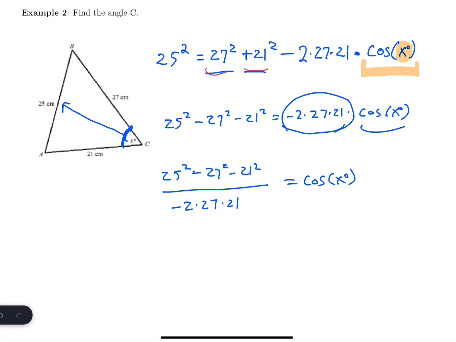Okay. So how do we find this x degree? Here we can actually apply, and we should apply, inverse cosine. So we can think of it as finding the arccosine of this value.